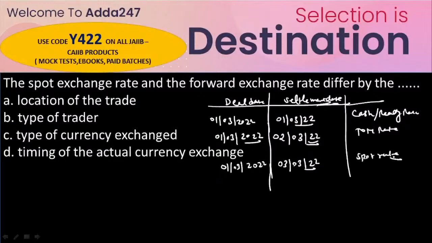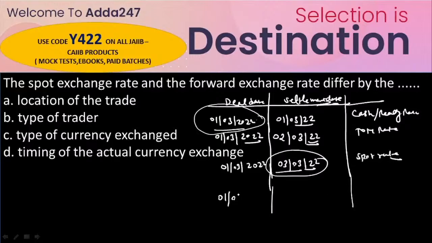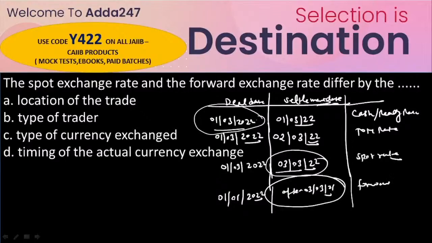Why? Because this is the deal date, and after that 2 working days will be 3 March. Okay, so this is very important, that it is the working date. So this is known as a spot rate. And like the deal date is 1 March 2022, and after 3 March, whenever the exchange of the currency takes place, it will be known as a forward rate.